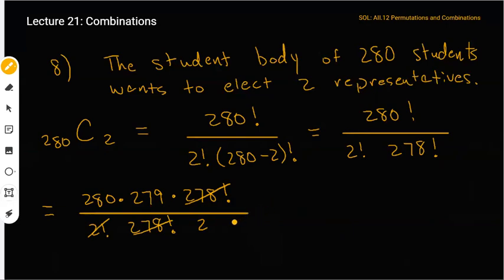And now what I want to do is reduce this fraction a little bit. If I divide by 2 at the bottom, I'm going to have a 1. If I divide 280 by 2, I'm going to get 140. So now I've got 279 times 140. So doing this really quickly, I'm going to multiply these 2 numbers together.